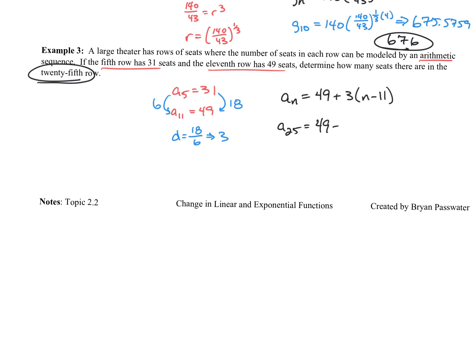So we got 49 plus 3 times 25 minus 11, which is 14. And then 14 times 3 is 42. 42 plus 49 is 91. All right. And so our 25th row has 91 seats.